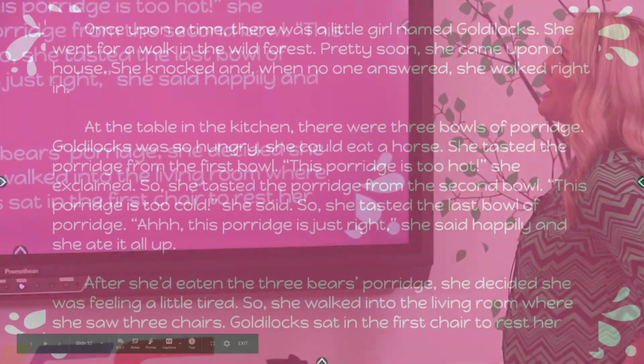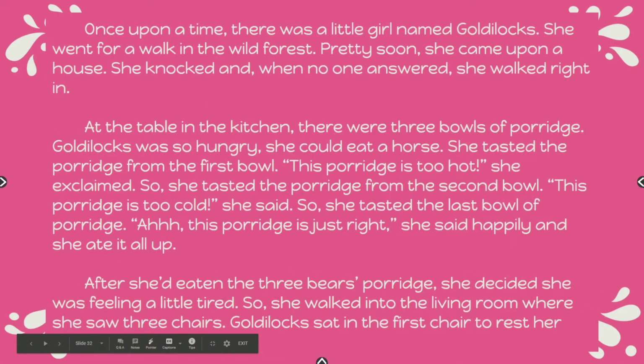Once upon a time, there was a little girl named Goldilocks. She went for a walk in the wild forest. Pretty soon, she came upon a house. She knocked, and when no one answered, she walked on in. At the table in the kitchen, there were 3 bowls of porridge. Goldilocks was so hungry she could eat a horse.